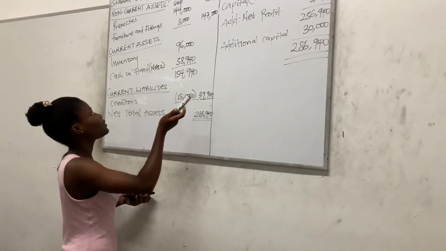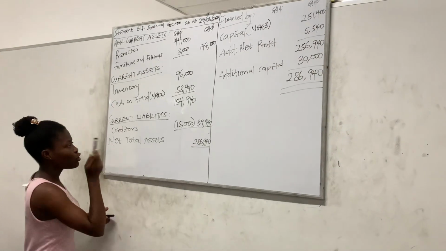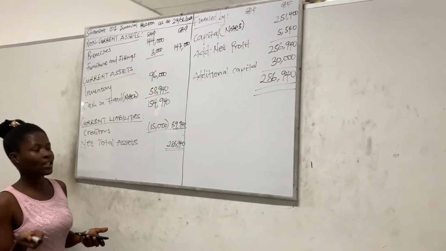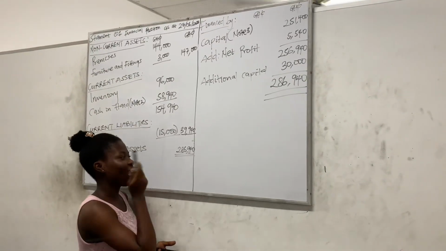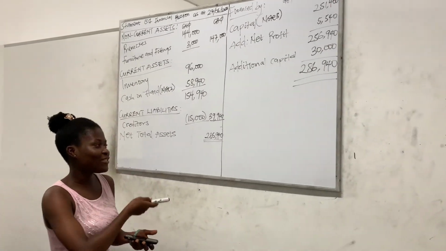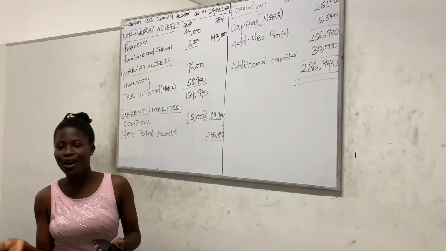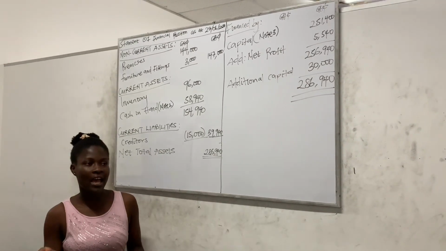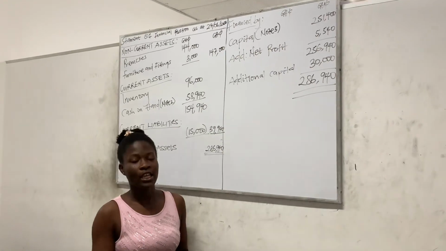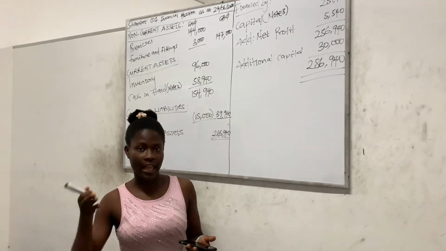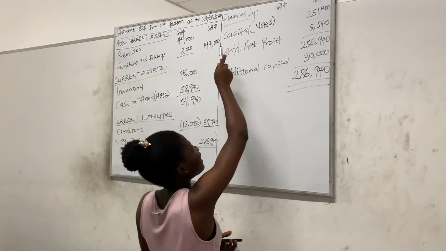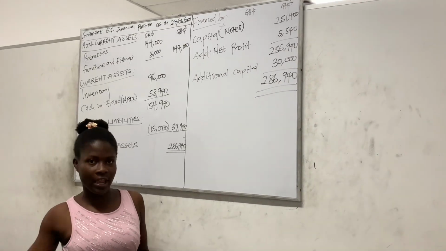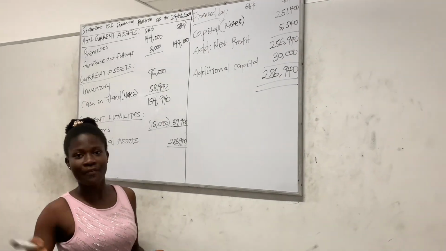So you add it to the non-current assets to get our capital employed or net total assets. So that is the 286,940. Now we'll move on to look at the financed by. That is the money that they used in catering for the business. So we had capital. That's what my friend prepared, the statement of affairs.